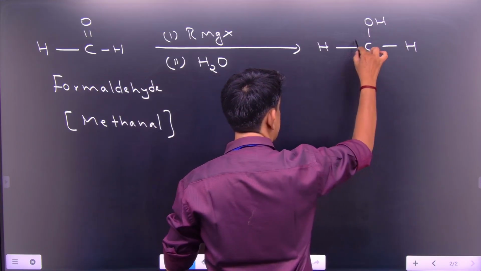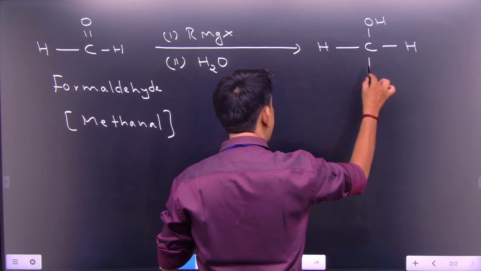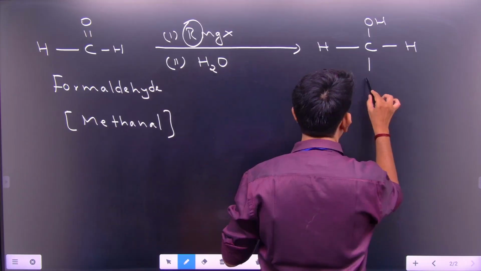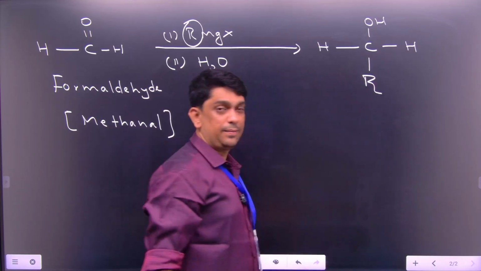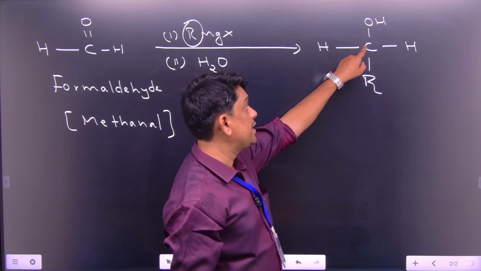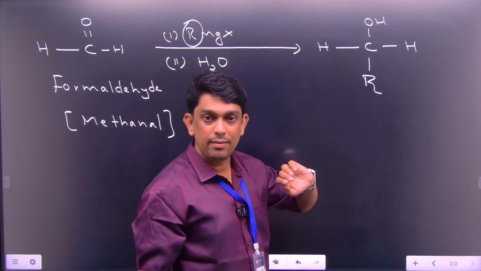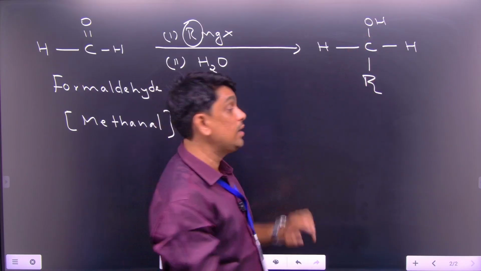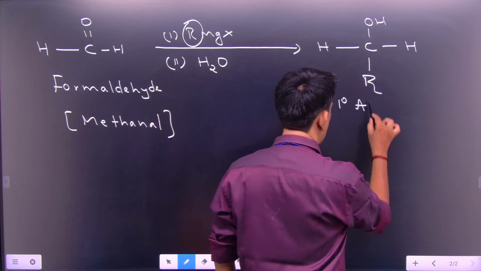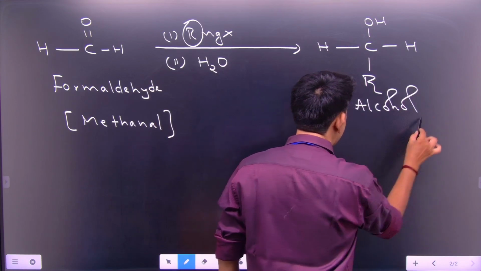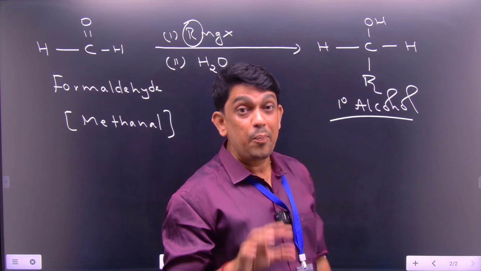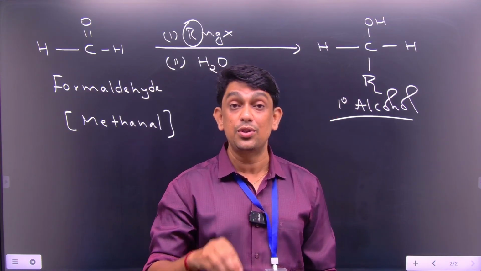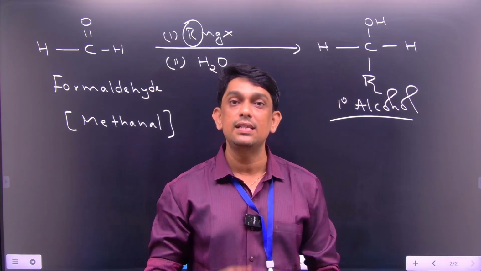Now carbon is tetravalent, so one more valency is yet to be satisfied, and that will be satisfied by R of the Grignard reagent. Now you look at the nature of the carbon: it is a primary carbon because it is attached to 1 carbon directly. So this is what alcohol? Primary alcohol product.